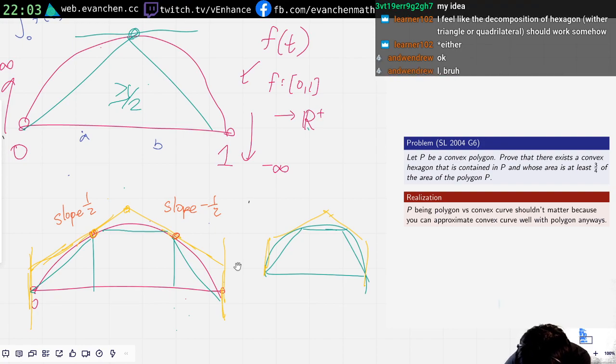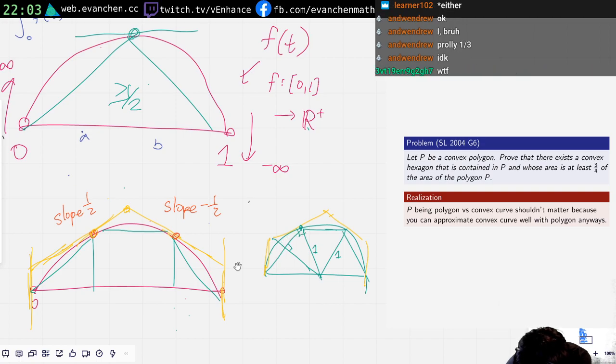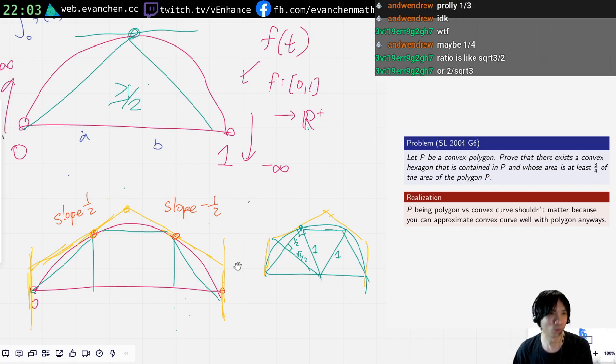So if the green one is area 1, then this is... It's 3-2-1. Right? Am I crazy? The green is actually exactly 3/4 of the orange one.